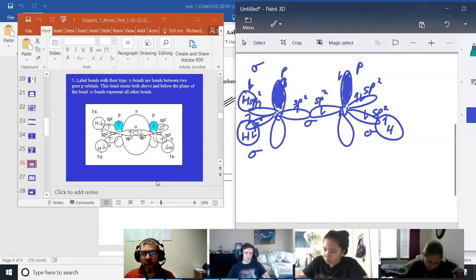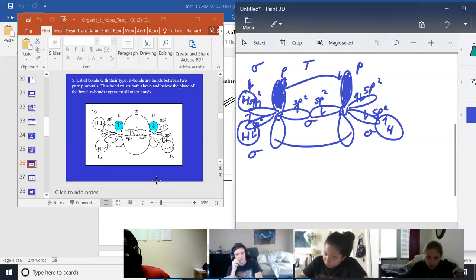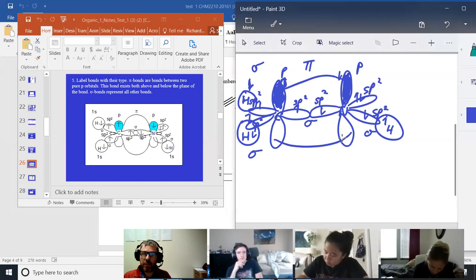The nature of that is just like a standard bond, really. But the pi bond, this one here, is special because it's between p orbitals. And you'll notice the pi bond is above and below the plane of the bond, just like the p orbitals are.